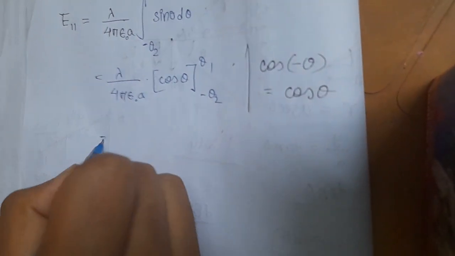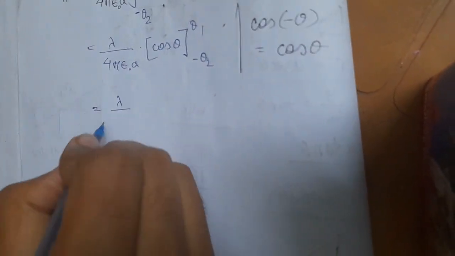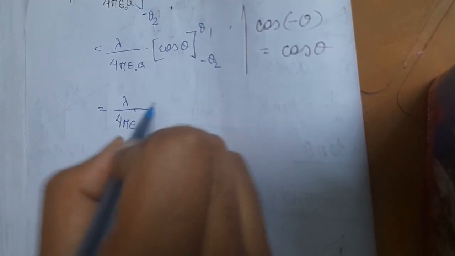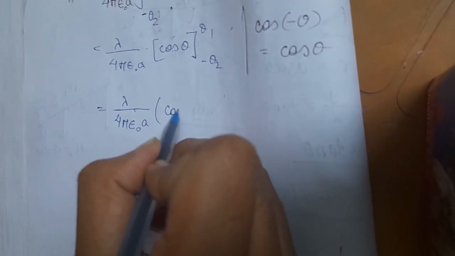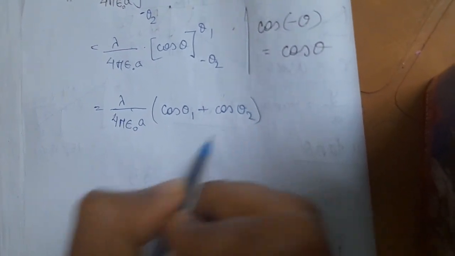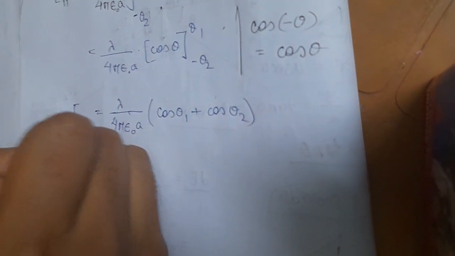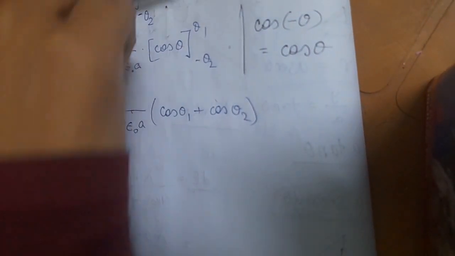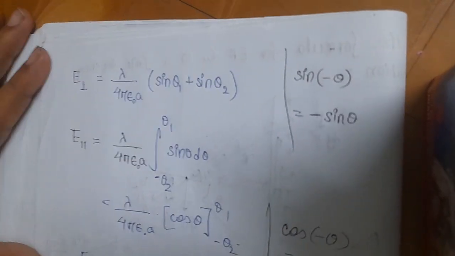So in this case, it will be lambda over 4 pi epsilon naught a times cos theta 1 plus cos theta 2. Okay, so I'm unboxing these two results.